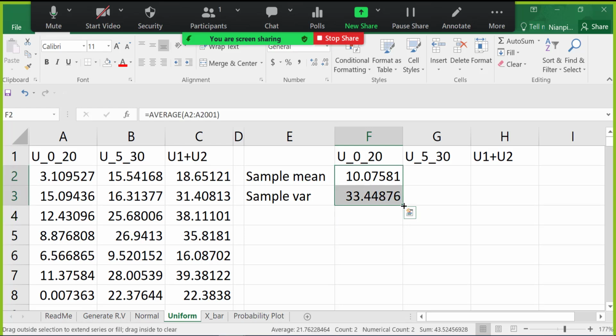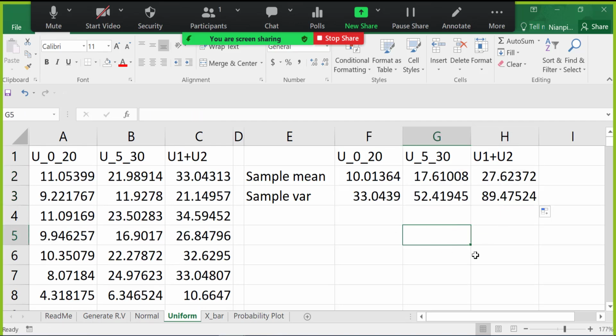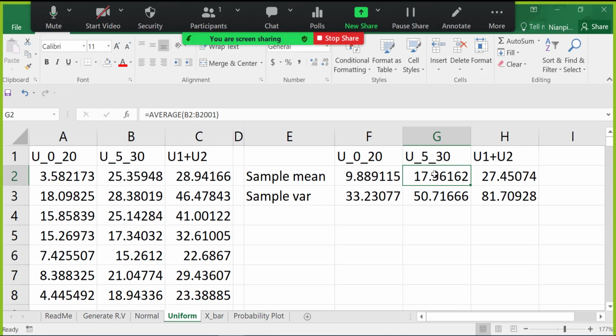So we can do the same. The mean, we just use average. So the next column just average from B2 to B2001. And then we have the sample variance.